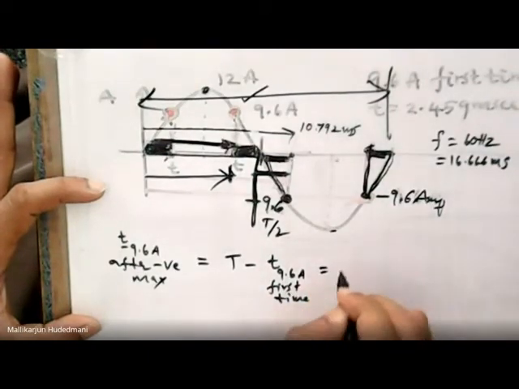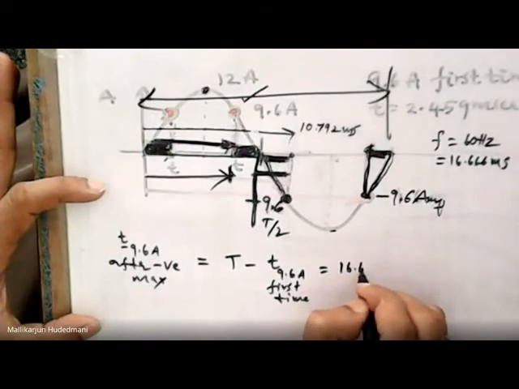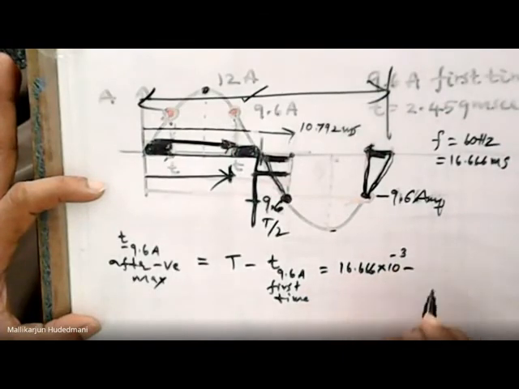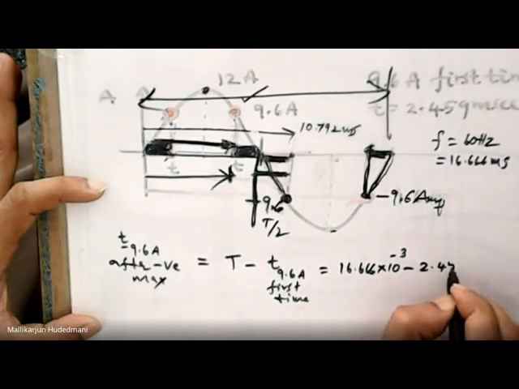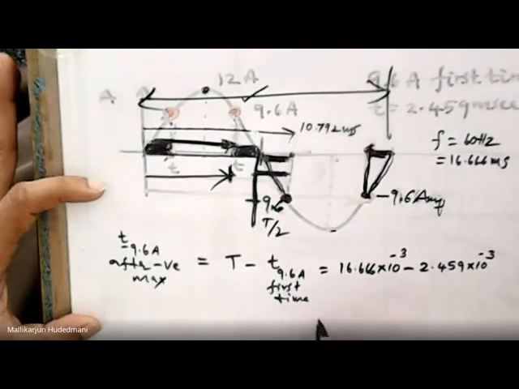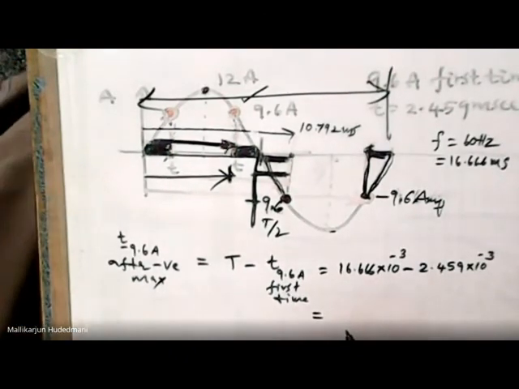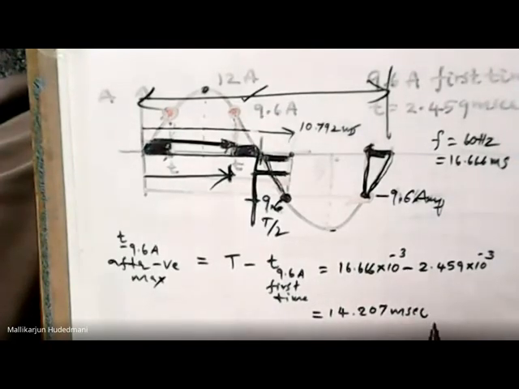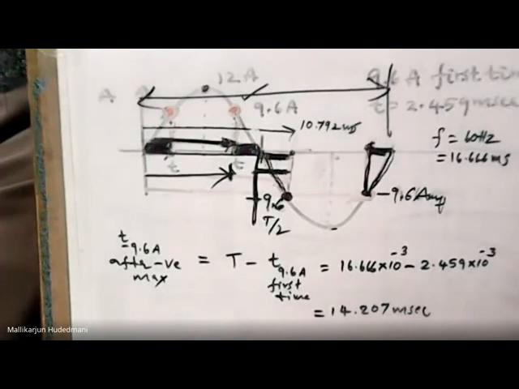This is equal to 16.666 into 10 to the power minus 3 minus 2.459 into 10 to the power minus 3. This gives you the value of time as 14.207 millisecond.